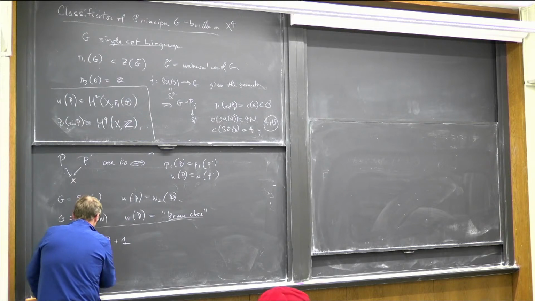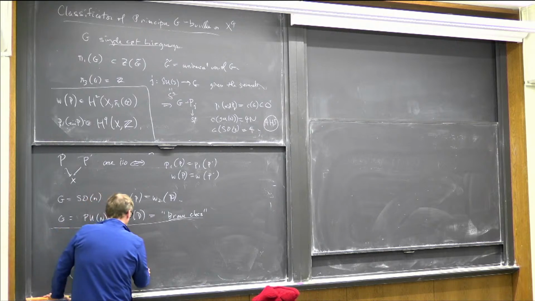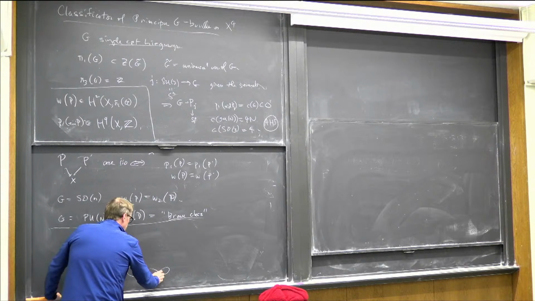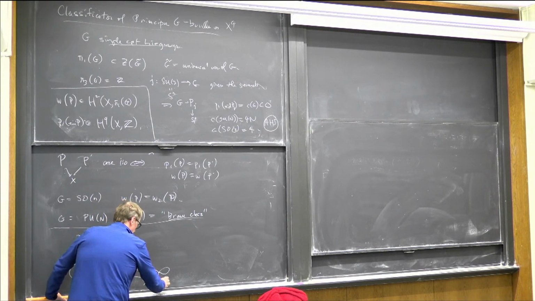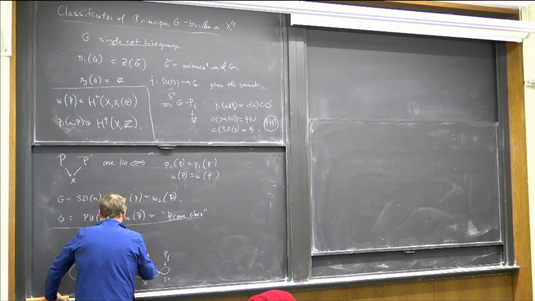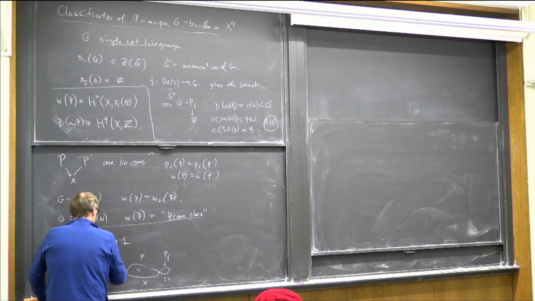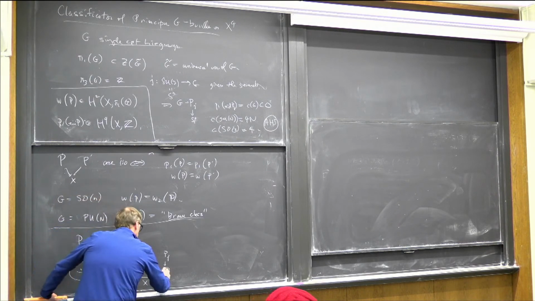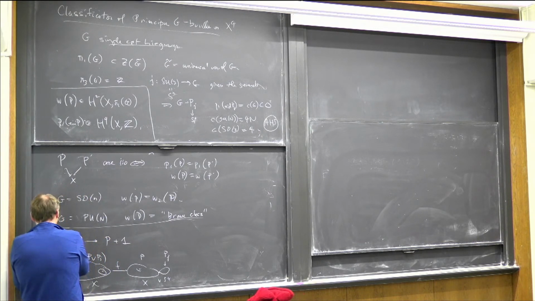Here's my 4-manifold X. I take a point and a ball around that point, and I collapse the boundary of the ball to a point. So I get a map to another copy of X and the 4-sphere, and here I have this bundle Pj. I have my original bundle P, and then I have this map F, and F star of the wedge of these guys, that's P plus 1.